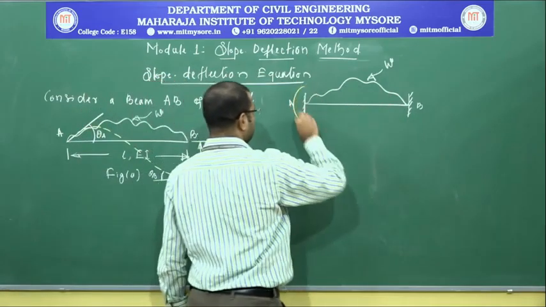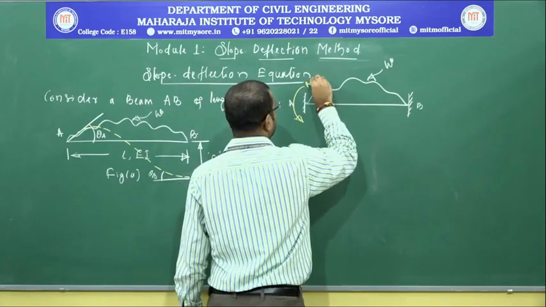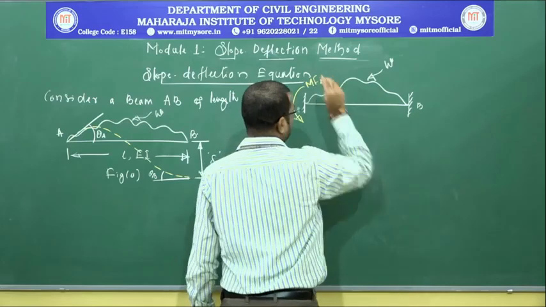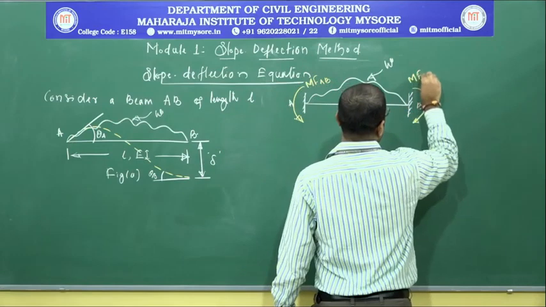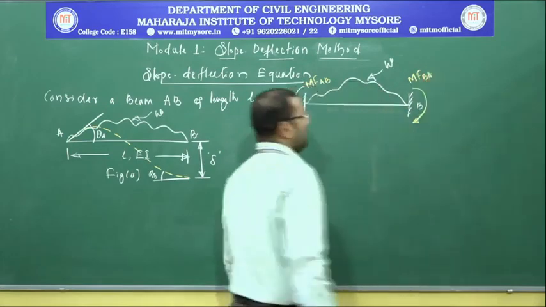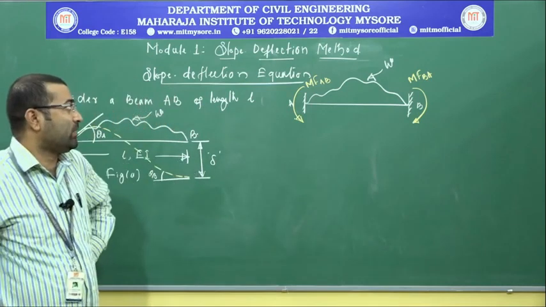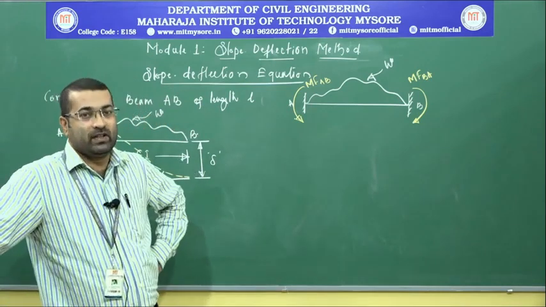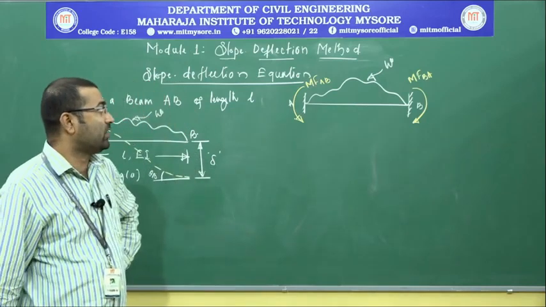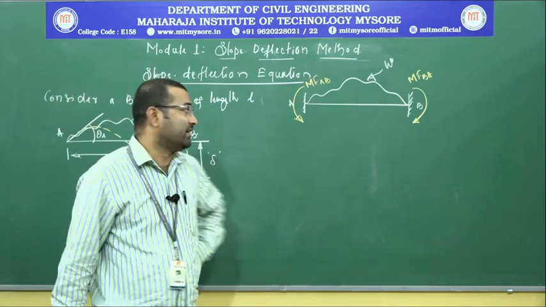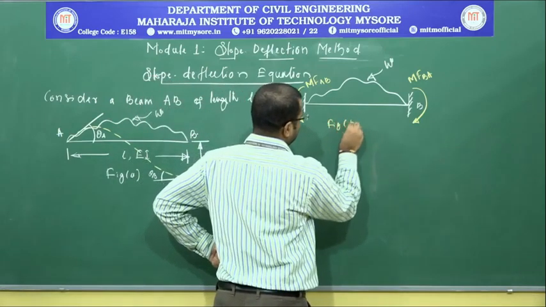Let us say this is MFAB and this is MFBA. In the last class we have seen how to determine the fixed end moments, MFAB and MFBA, for different types of loadings. We have the direct formulas to determine all these. Let me call this figure B.